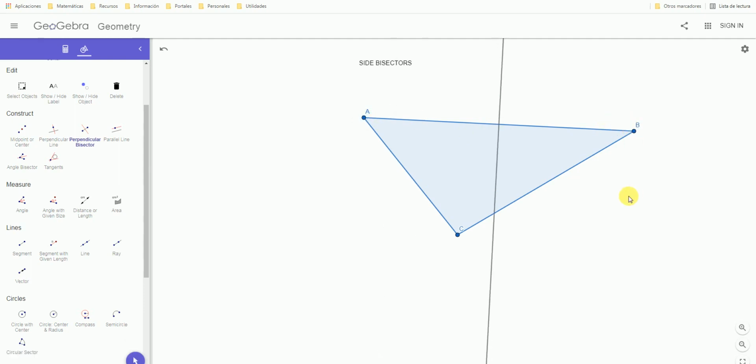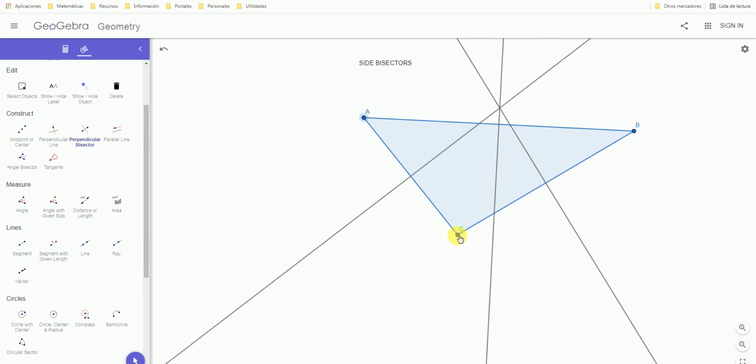Here, that's the side bisector of this segment AB. This is the side bisector of segment BC, and this is the side bisector of segment AC.